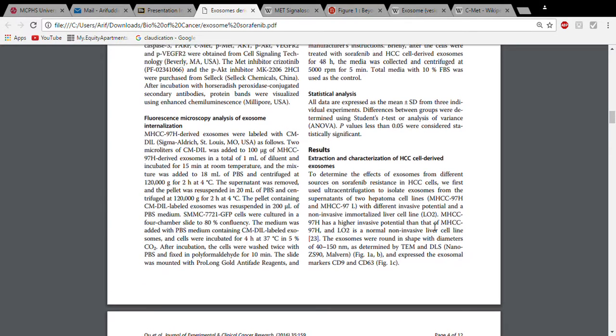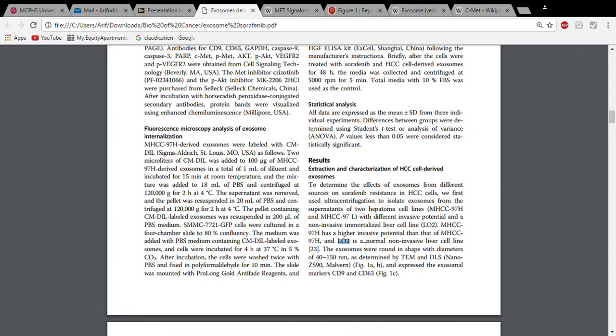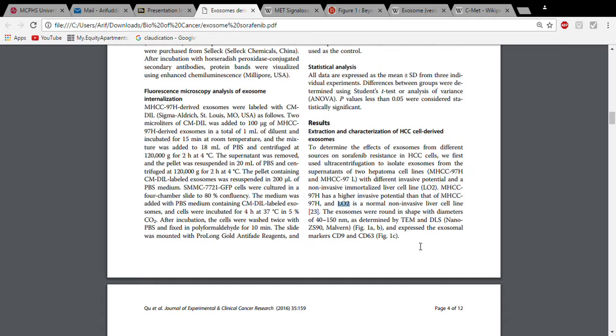They also derived exosomes from a normal non-invasive liver cell line, called LO2. So 97L and 97H are the cancer invasive exosomes, whereas LO2 is the normal non-invasive liver cell exosomes. Remember, these are not the cells; these are the exosomes.